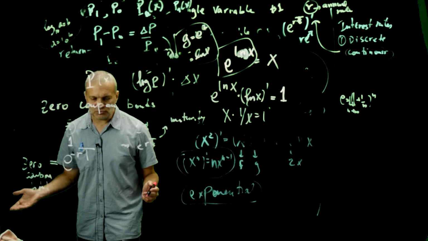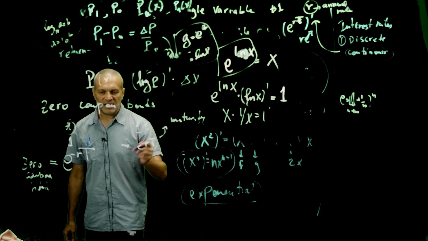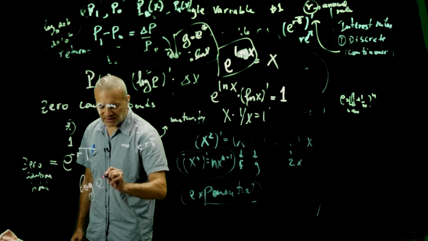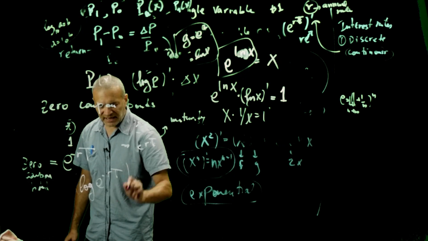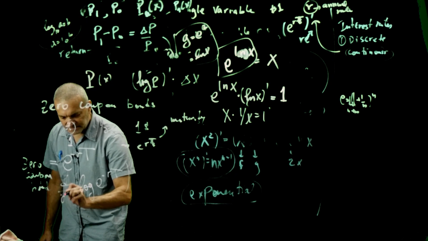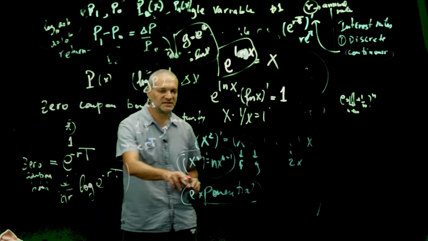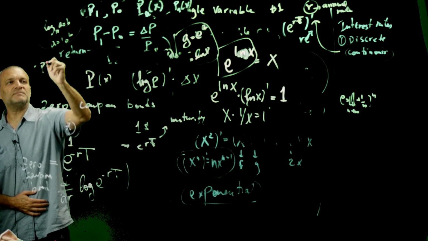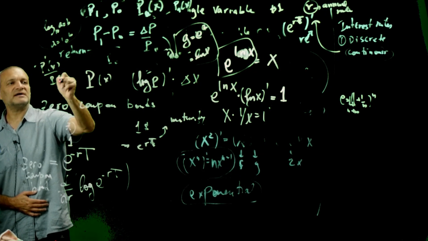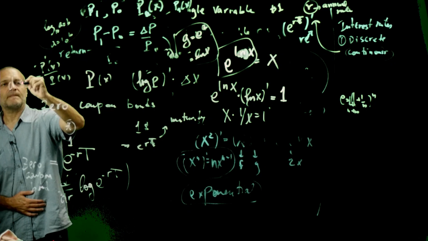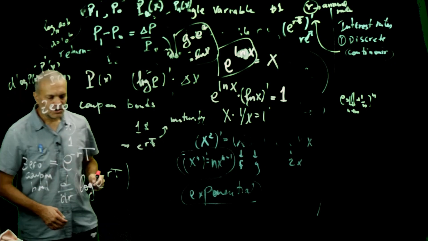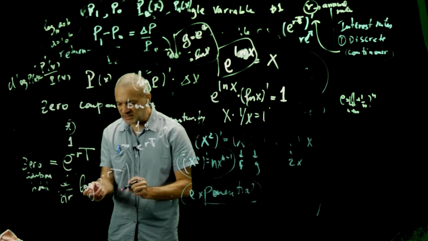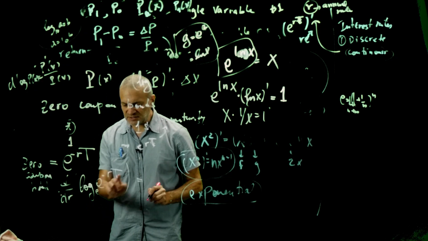All we need to do is look at the derivative. We need to look at the derivative of log e to the minus rt, with respect to r, because r is our variable. Remember that p prime of x divided by p of x is just d log of p of x. So what is log, with respect to base e, of e to the minus rt?